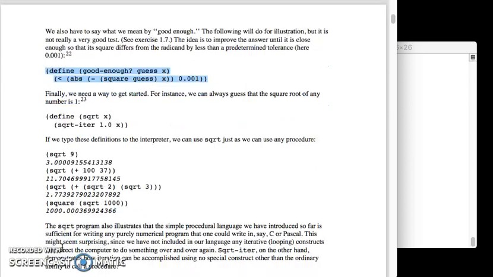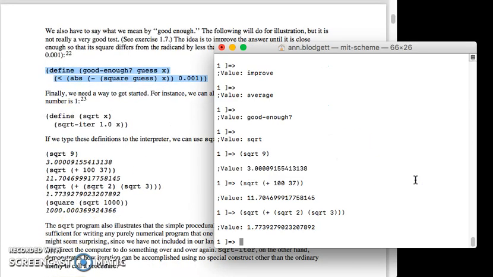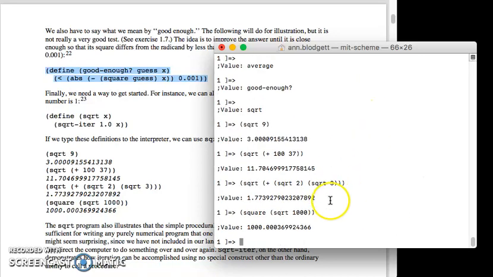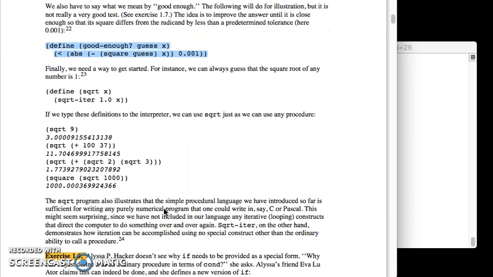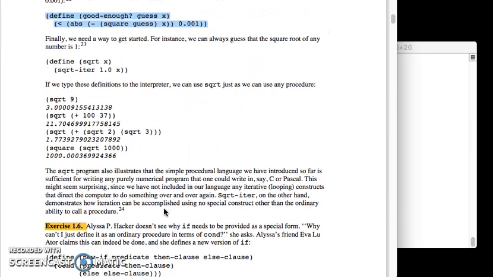And then the square root of 1,000 squared should give us 1,000. Okay.